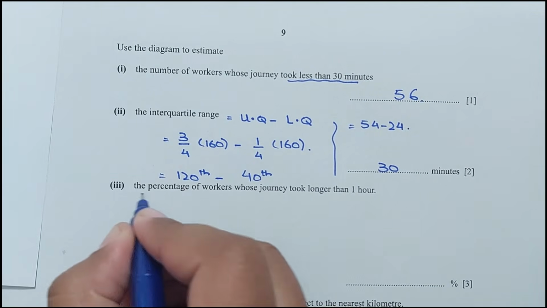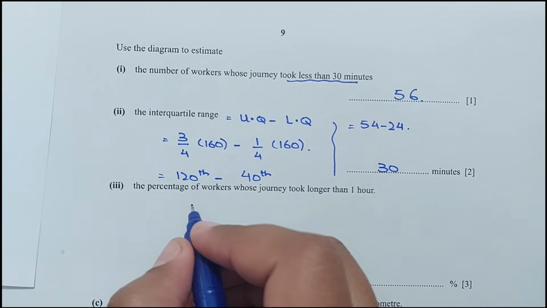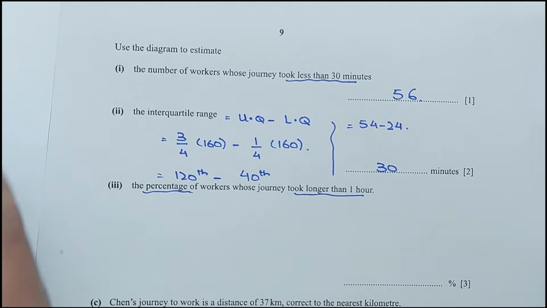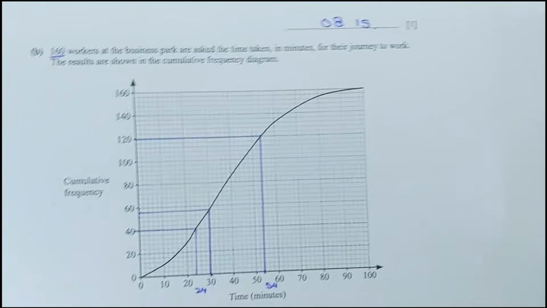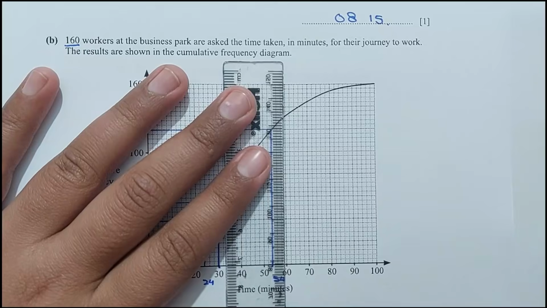Now for part 3, the percentage of workers whose journey took longer than 1 hour. We have to find the percentage of the workers longer than 1 hour. 1 hour is 60 minutes, more than 60 minutes, right? 1 hour has 60 minutes.